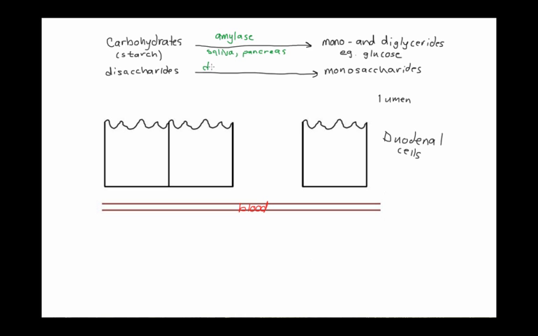So usually you can figure out what an enzyme does because it has the name of what it breaks down with ASE on the end of it. So disaccharidases break down disaccharides.